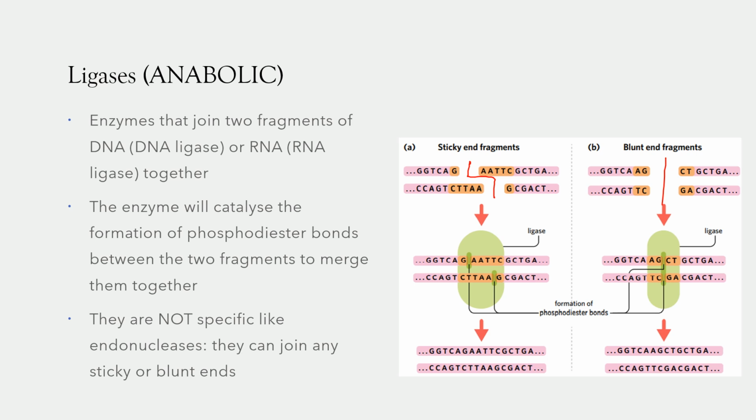What ligases do is they catalyze the formation of that phosphodiester bond back again. Their job is to reattach those phosphodiester bonds in the sugar phosphate backbone and merge them together so that the DNA is back to its double-stranded form again. So the endonuclease cuts, and then the ligases join back together again. And they can join it whether it's a sticky end or a blunt end, they don't mind.